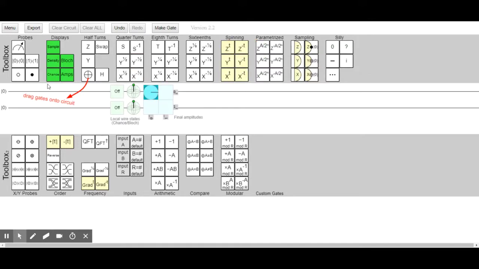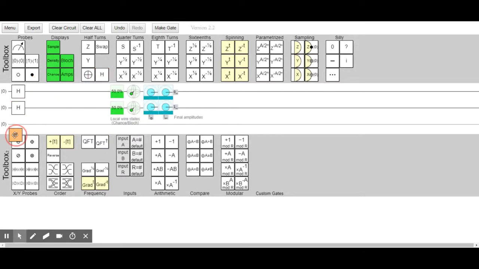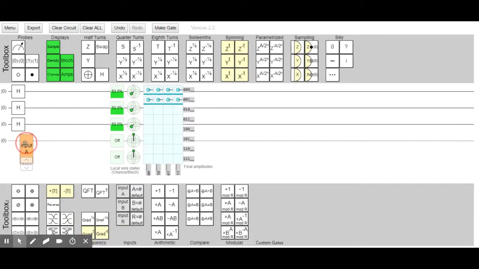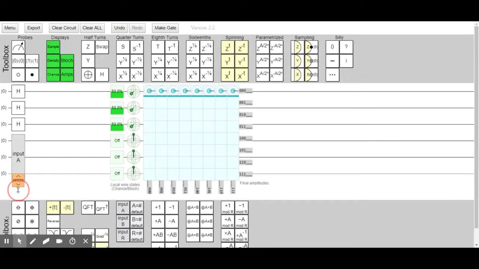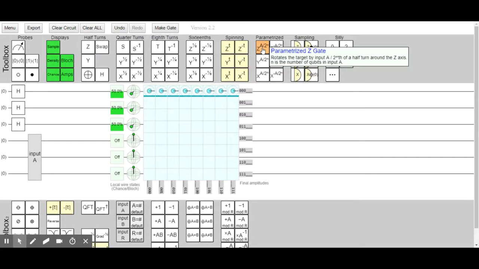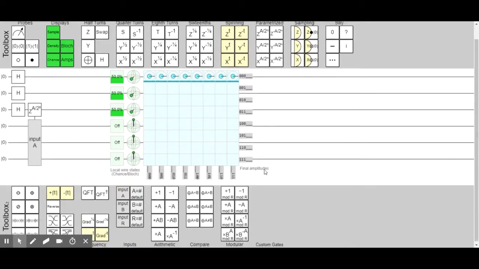So that's the idea here: you prepare your superposition, and then you prepare an input A, where you say, good, this is my input that has 3 qubits, right? I'm going to place it here, and I want this input to rotate that. And then I have to find a way to shortcut.